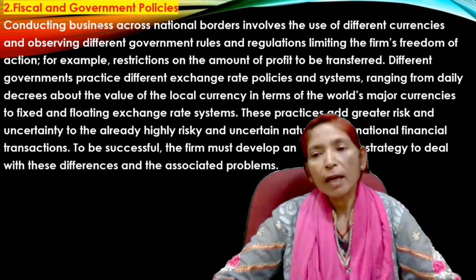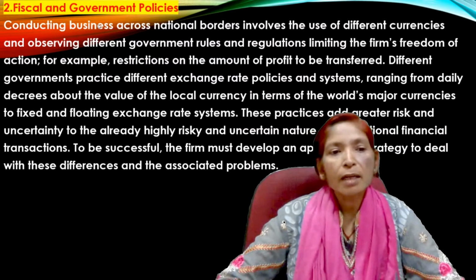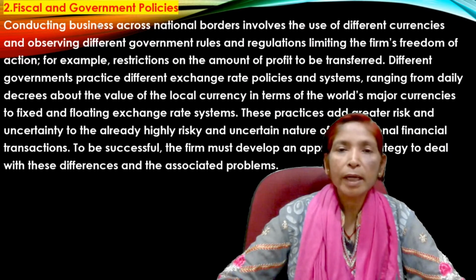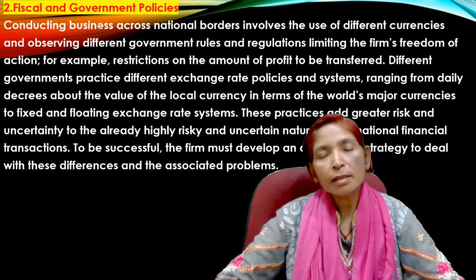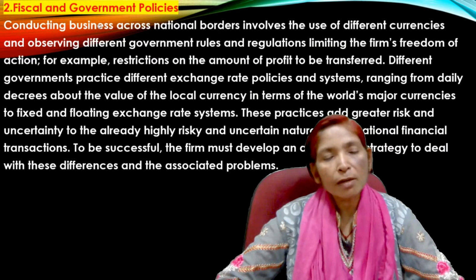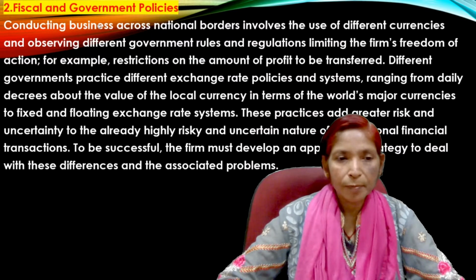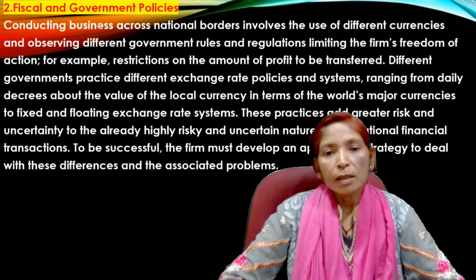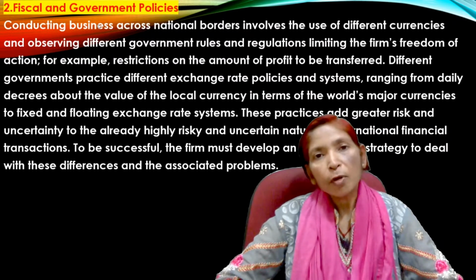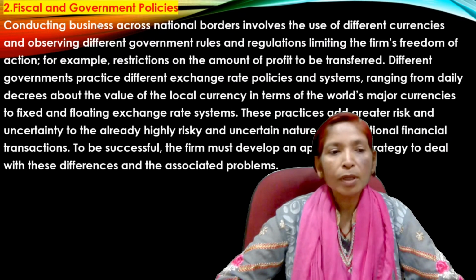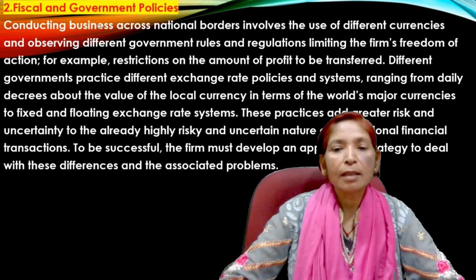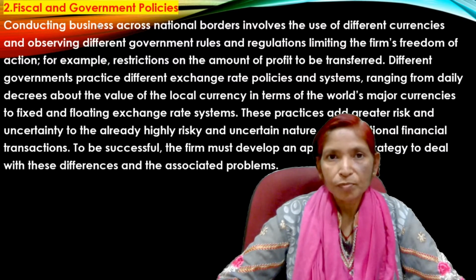These practices add greater risk and uncertainty to the already highly risky and uncertain nature of international financial transactions. To be successful, the firm must develop an appropriate strategy to deal with these differences and the associated problems.